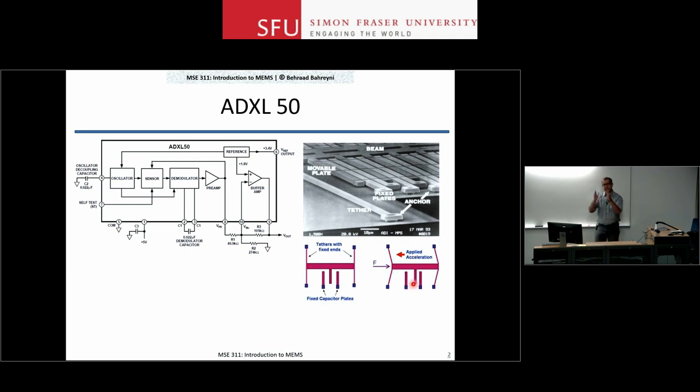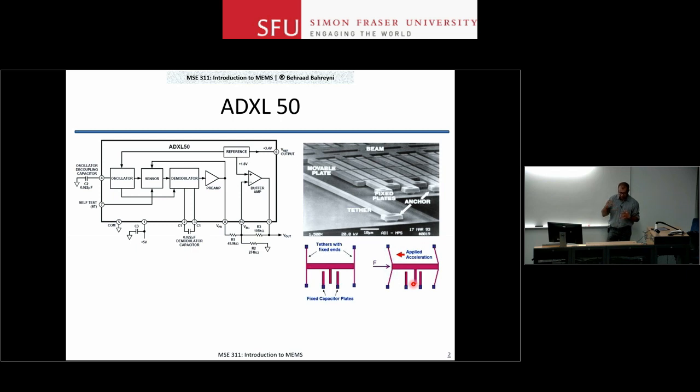And when the gap changes, the capacitance between these electrodes changes, right? So if I measure the capacitance between the stationary finger on the right and the moving one, that capacitance increases, and the one on the left will decrease. That actually gives me a differential signal, which I like. And that was the operating principle.